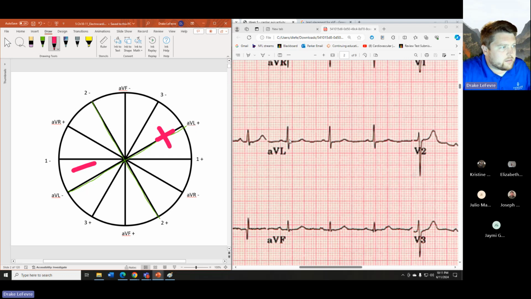It is biphasic, so we would think it's perpendicular to it. But because it's more positive than it is negative, we'd say it leans more towards positive. So it's actually this direction or this direction. This is where, like I said, you just have to do enough of these to start picking up the pattern of what's going on.